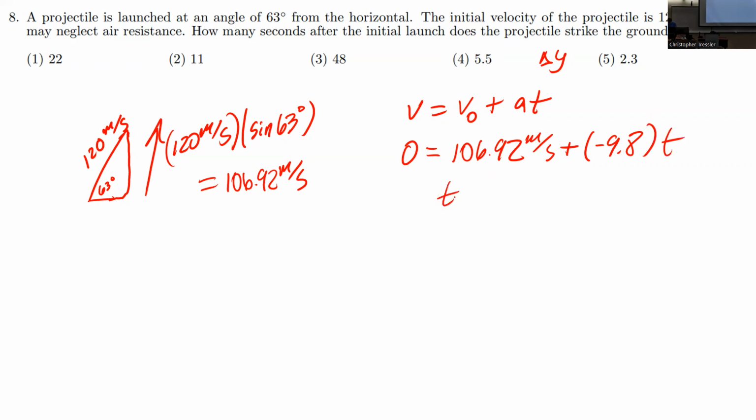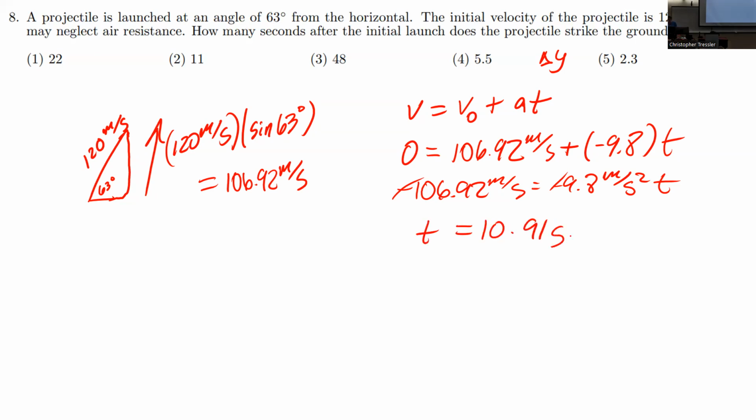When we solve this, we get negative 106.92 meters per second is equal to negative 9.8 meters per second squared times t. The negatives cancel. Now, 106.92 divided by 9.8 gives 10.91. So our time is equal to 10.91.